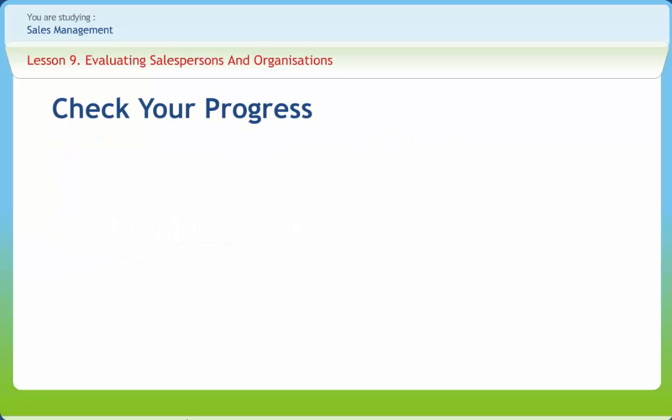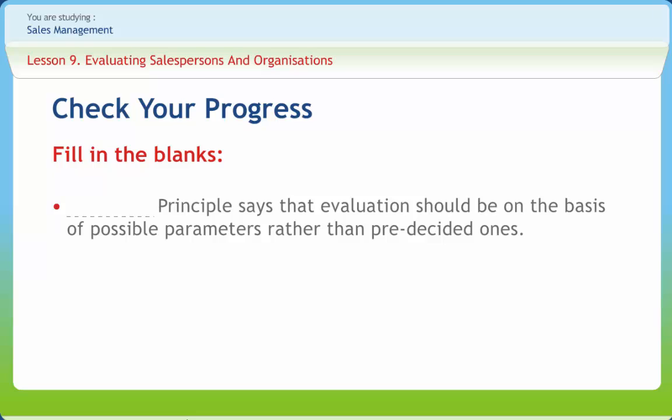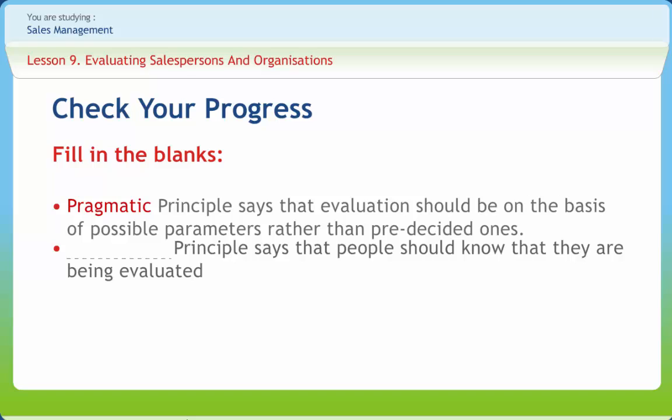Now let us check if we have understood the various concepts discussed in this lesson clearly. Fill in the blanks. Principle says that evaluation should be on the basis of possible parameters rather than pre-decided ones. What do you think should be filled in the blank? Pragmatic. Principle says that people should know that they are being evaluated.